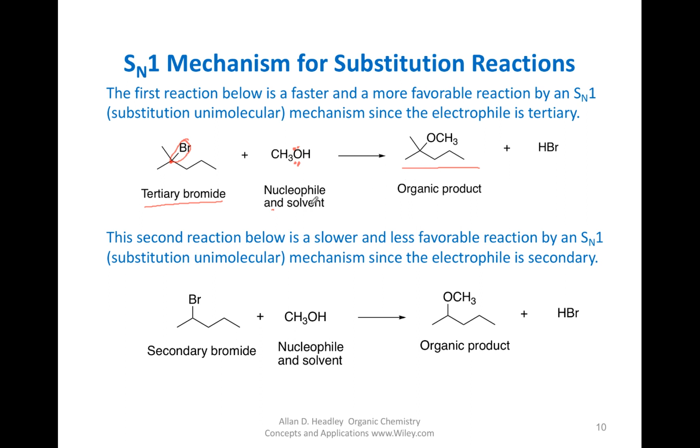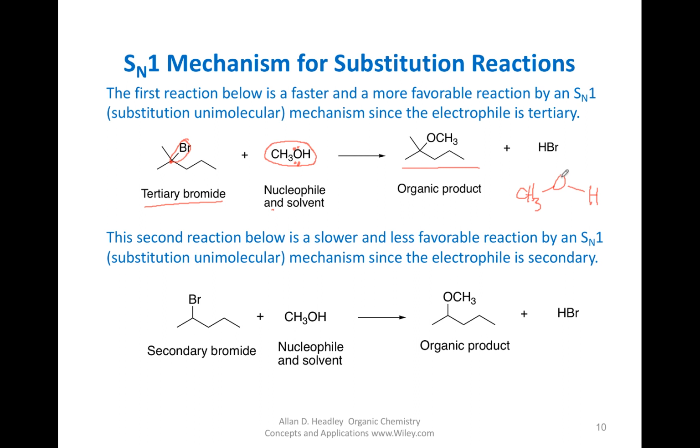It's SN1. Why is it SN1? Because the solvent is an ionizing solvent and it's protic. Remember, it is CH3 that's bonded to an H and an oxygen and bonded to a hydrogen.